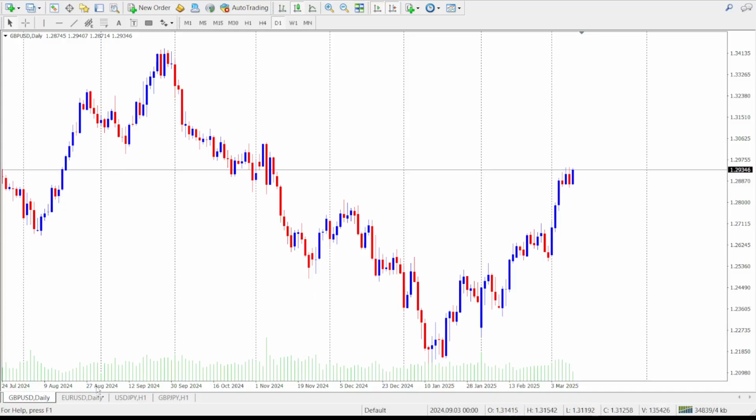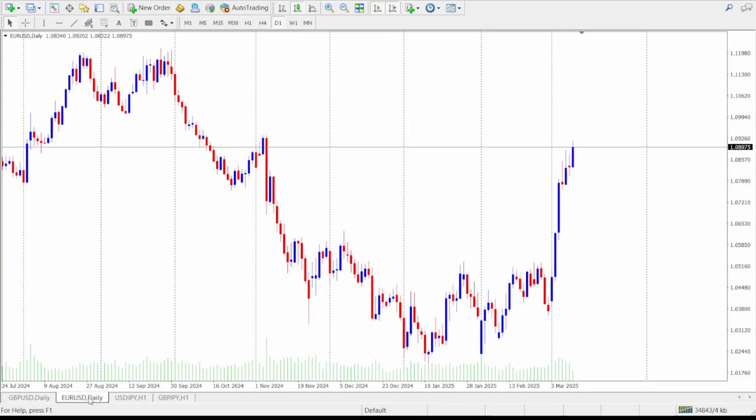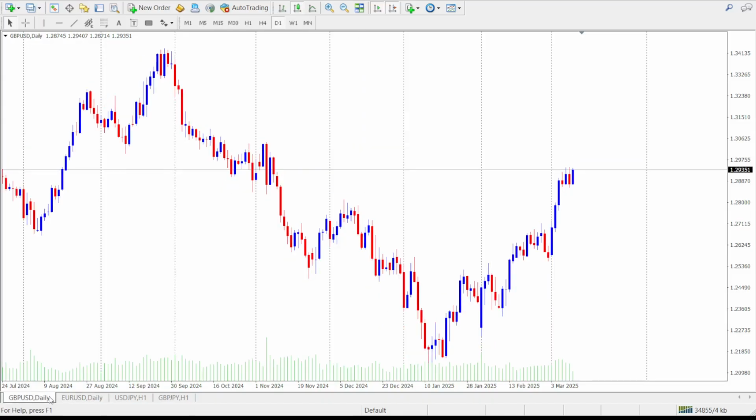If suddenly the Euro USD starts moving up while the GBP USD starts moving down, the breakdown in correlation could indicate that something significant is happening in the market and it might be time to make a move.